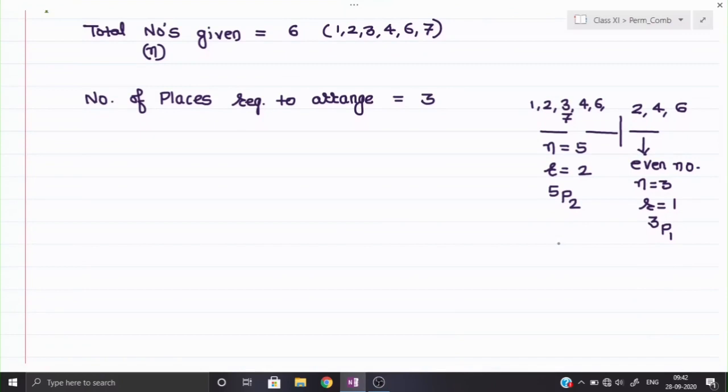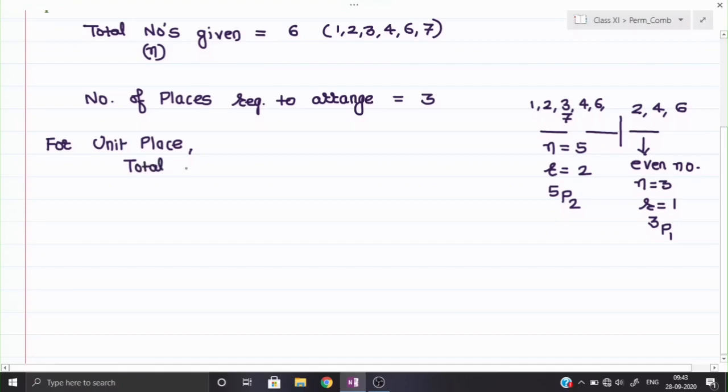So now let us write the answer over here. First of all, we can say that the arrangement for the unit place we will do separately. So here we can say that for the unit place, total numbers is equal to 3, that is 2, 4 and 6.